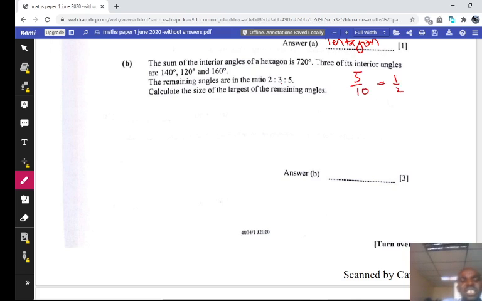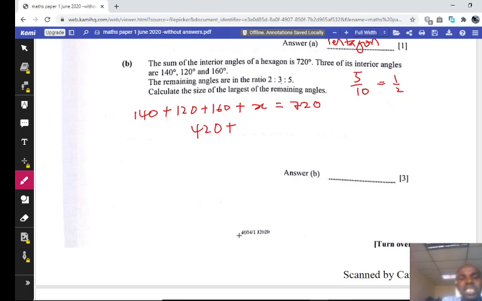Right. So let's find the sum of the 3. You can say 140 plus 120 plus 160 plus the sum of the remaining 3 angles, let's say x, is equal to 720. If you add 140 plus 120 plus 160, you get 420.